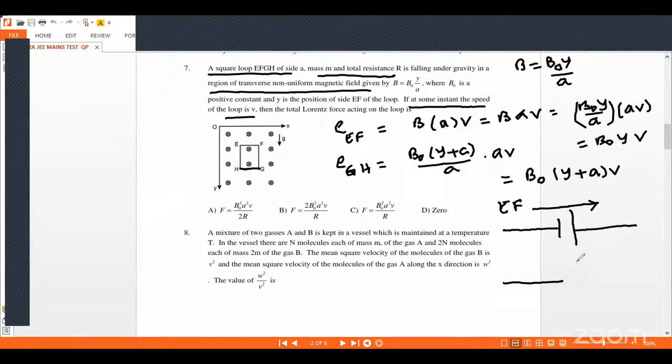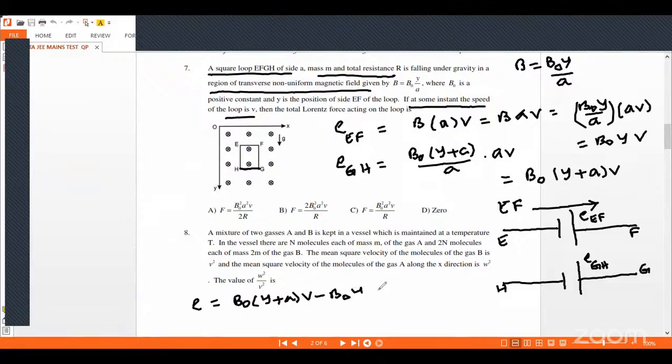This is E, this is F, and this is G, this is H. Induced EMF in the EF. Since it is in opposite direction, net induced EMF will be opposite, that is B naught into Y plus A into V minus B naught YV. That is nothing but B naught A into V.